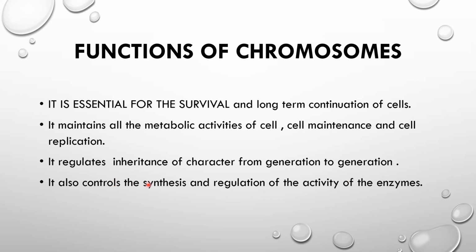It controls the synthesis and regulation of activity of enzymes. So these are the important functions. The functions of the nucleus and of the chromosomes are the same, so this is also known as the function of the chromosome.